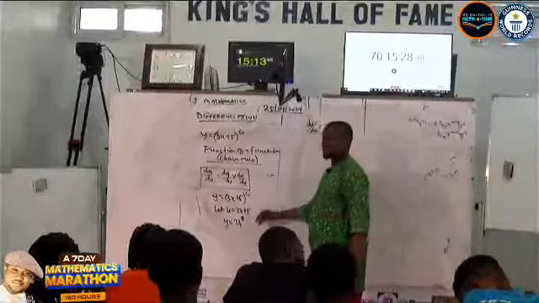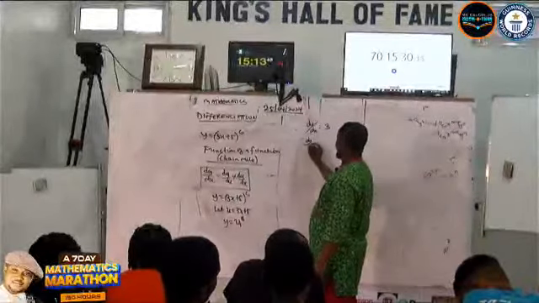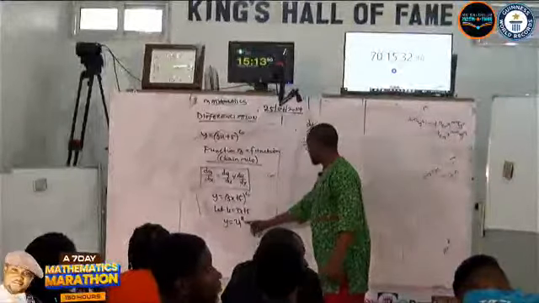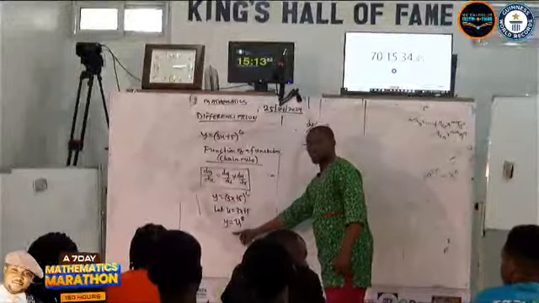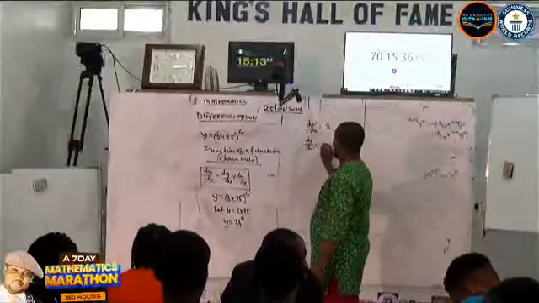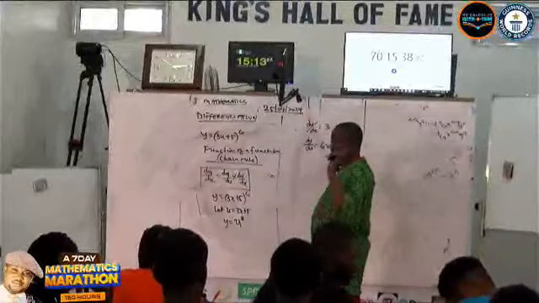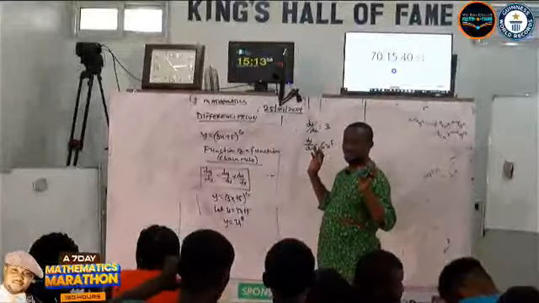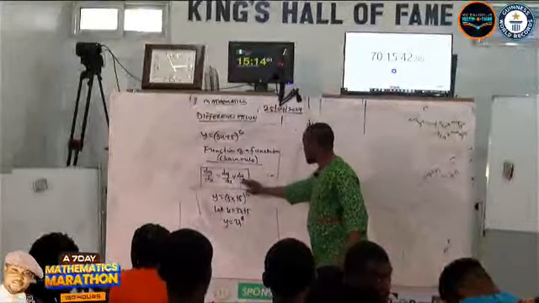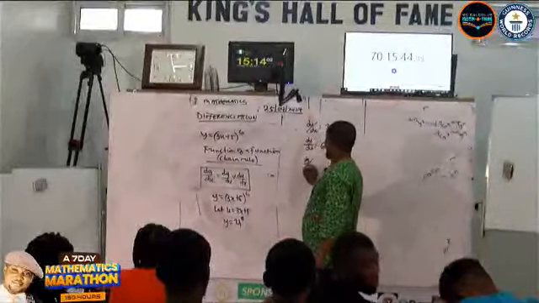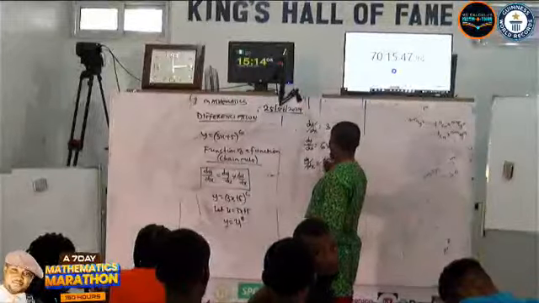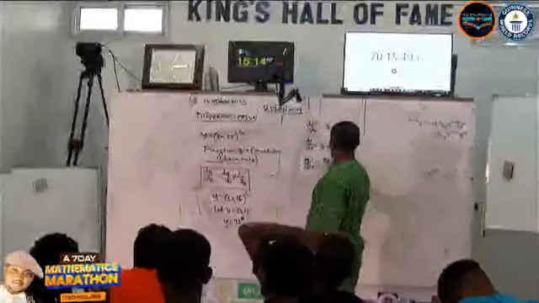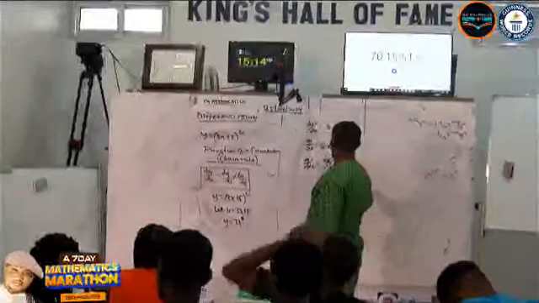Differentiate this, dy/du: differentiate u to the power of 6, the 6 will come down. That's all. Bring the two to the formula: dy/dx equals dy/du times du/dx.